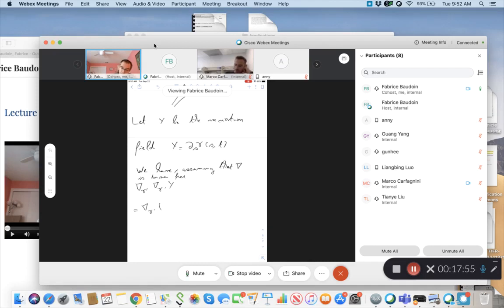So first I will write it as nabla y of gamma prime, using the fact that the torsion is equal to 0, I will have the Lie bracket between gamma prime and y. So I just write the derivative of y with respect to gamma prime as being the derivative of gamma prime with respect to y minus the Lie bracket.